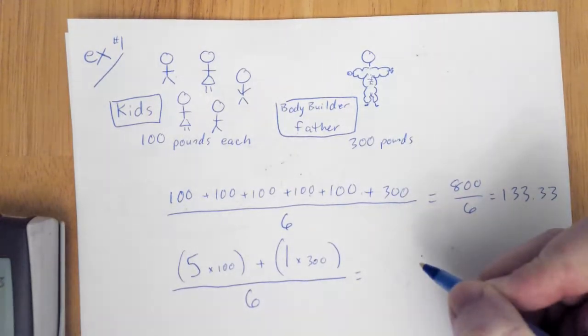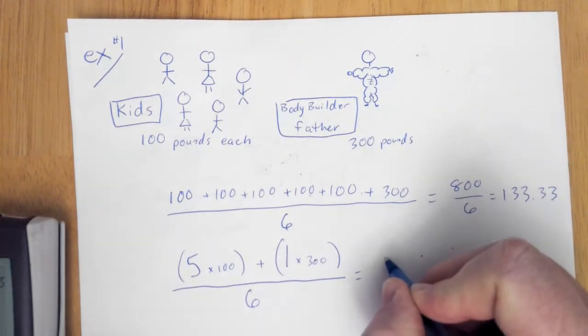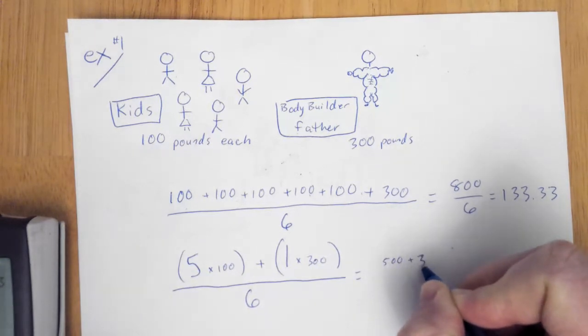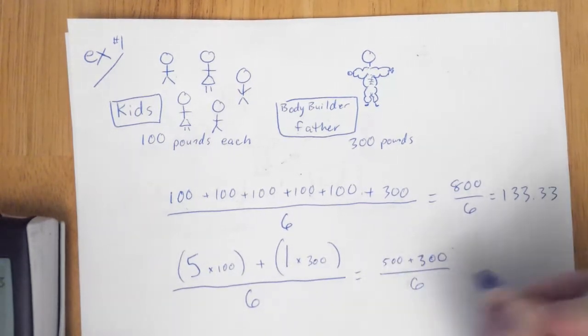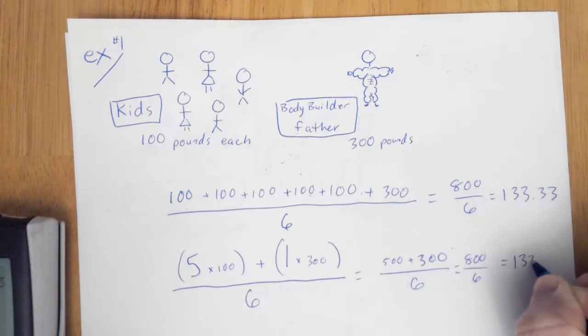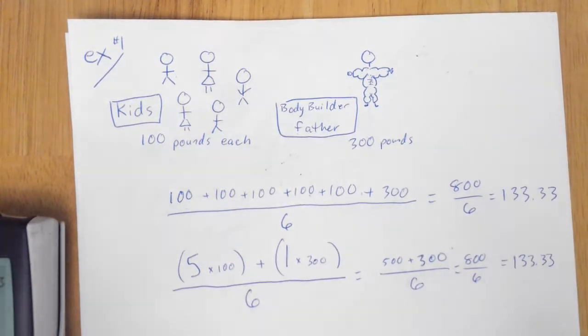We still get the same numbers: 500 plus 300 divided by 6, that's 800 divided by 6. We get 133.33 again. So that's one way to do this, and it's a pretty quick, easy way.